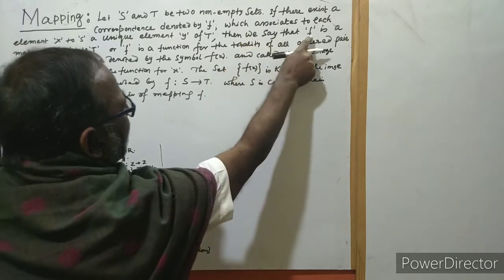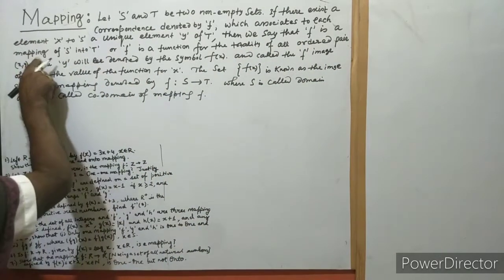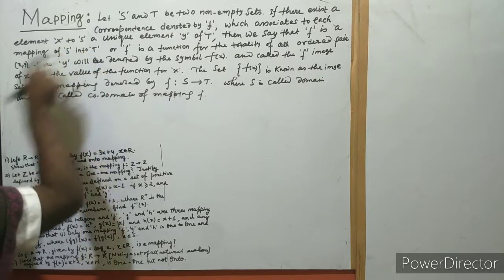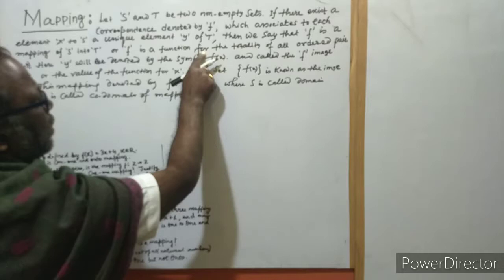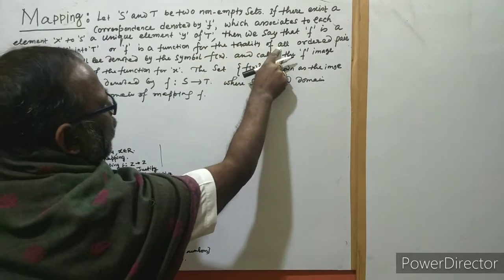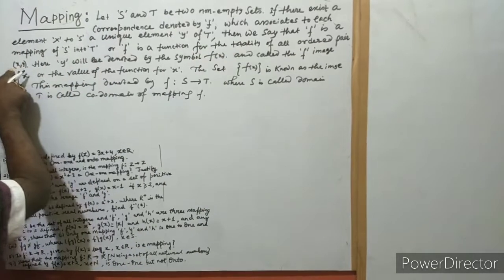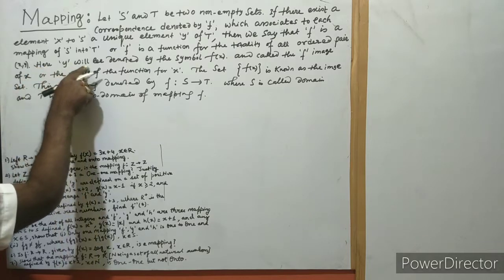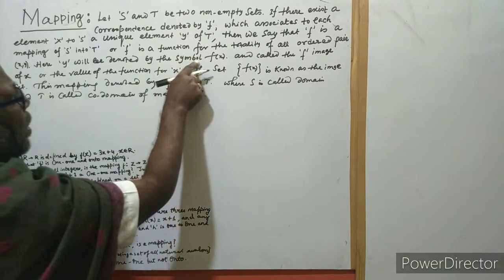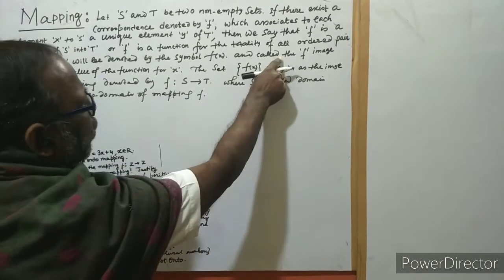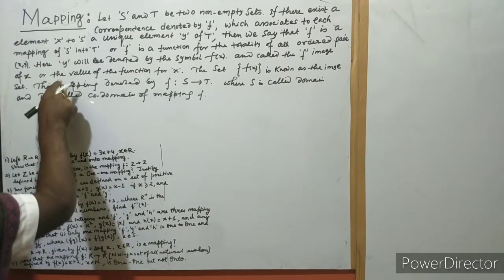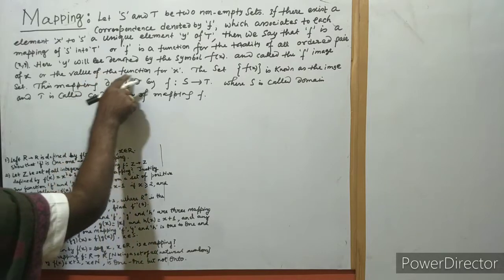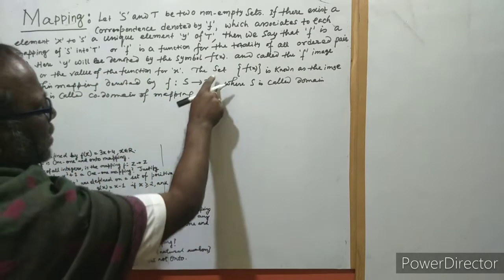Then we say that f is a mapping of S into T, or f is a function for the totality of all ordered pairs x comma y. Here y will be denoted by the symbol f of x and called the f image of x, or the value of the function at x.